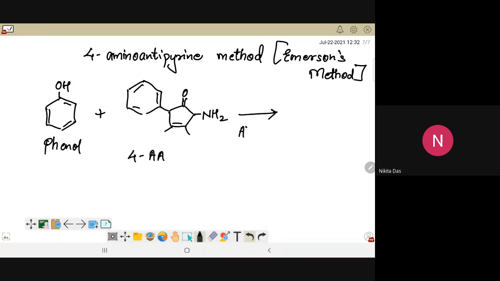So I need alkaline conditions for this reaction to proceed, and an oxidizing agent. That oxidizing agent in this case is going to be K3FeCN6, which is potassium ferricyanide. So potassium ferricyanide is going to be my oxidizing agent.